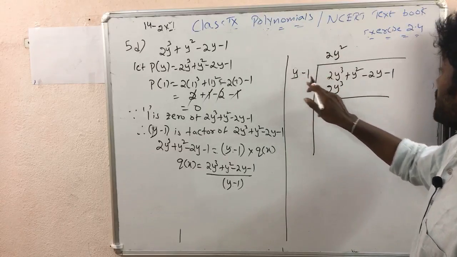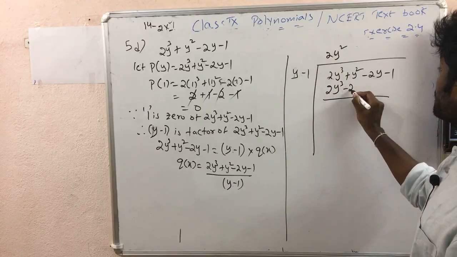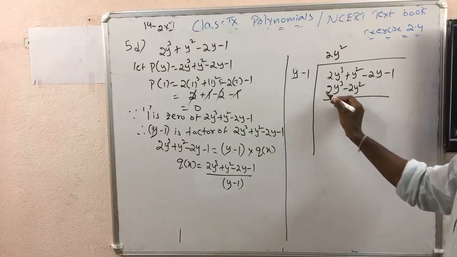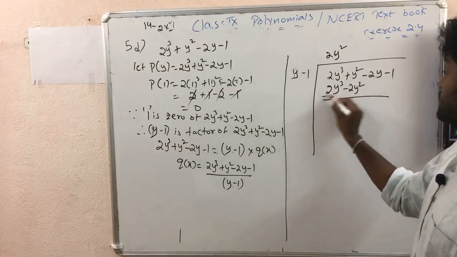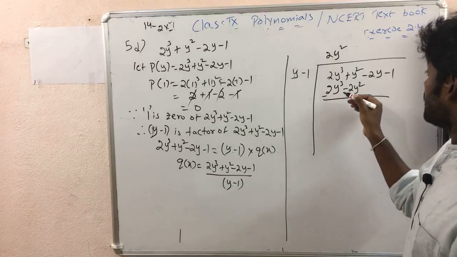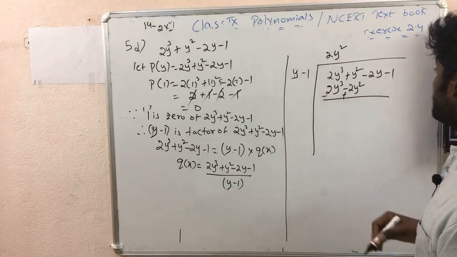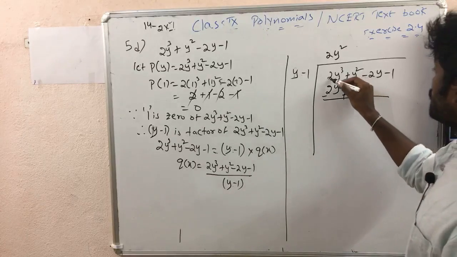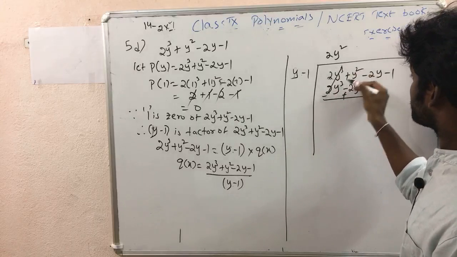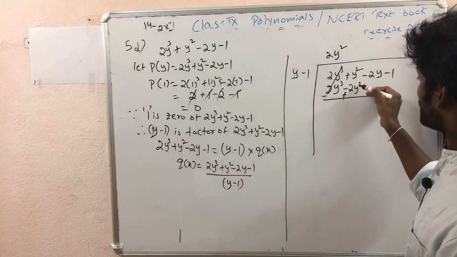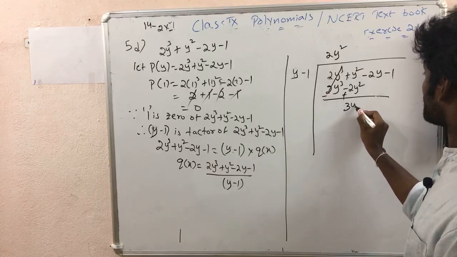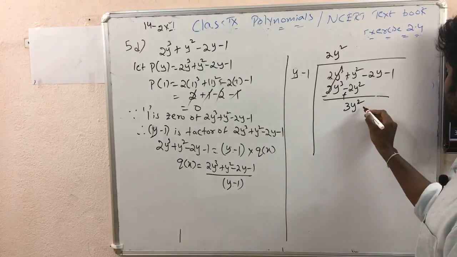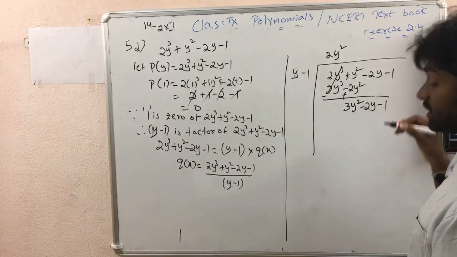Then minus 1 into 2y square, minus 2y square. On subtracting, minus into plus is minus, minus of minus is plus. 2y cube minus 2y cube get cancelled. Plus 1y square plus 2y square, so plus 3y square. Drag these two terms, you will get minus 2y minus 1.